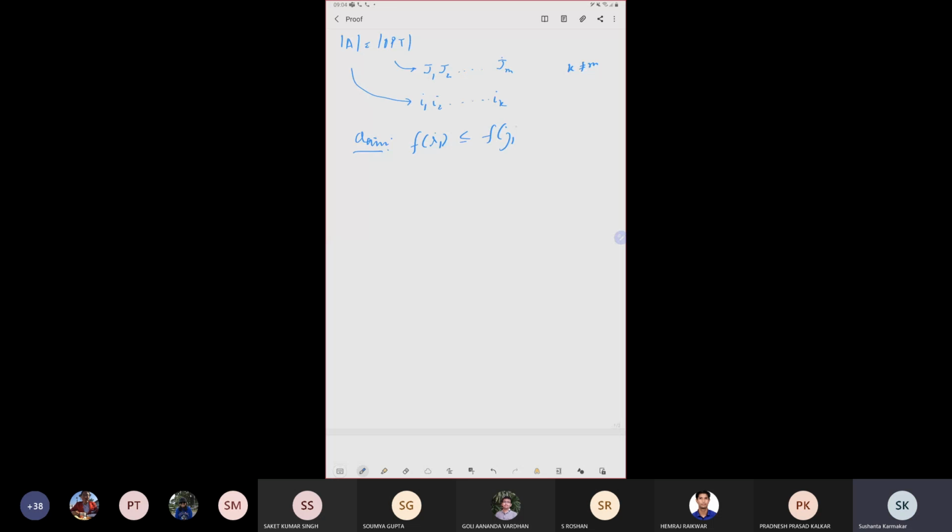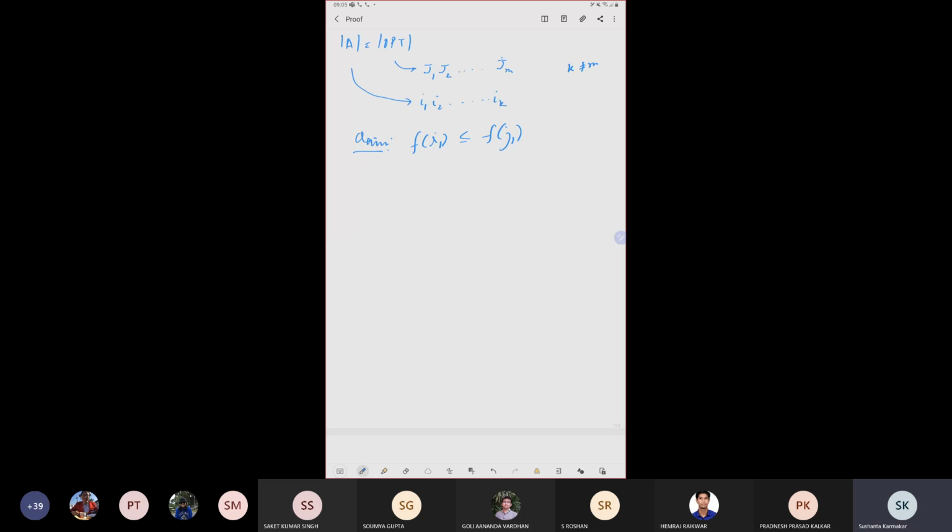Why do I claim this? Because our algorithm has chosen I1 as the first interval. Why did it choose the first one? Because it went through the heuristic that chooses the smallest finish time first.